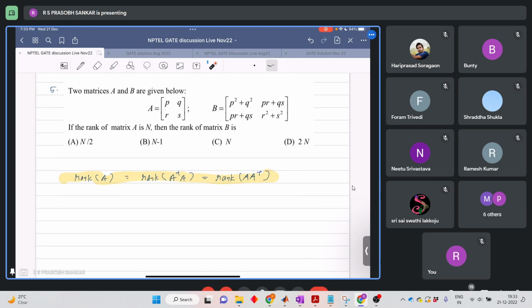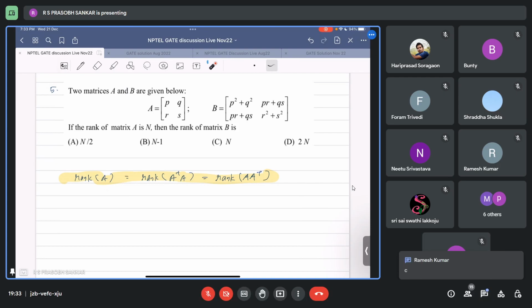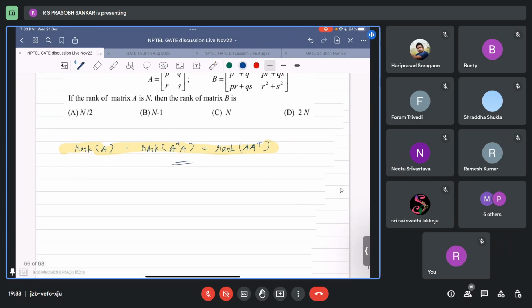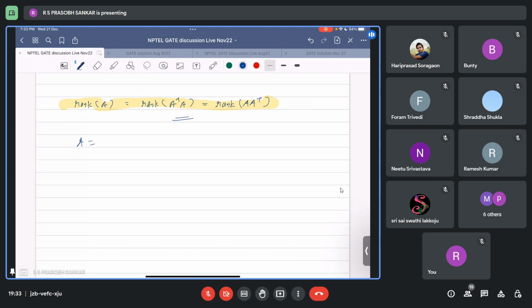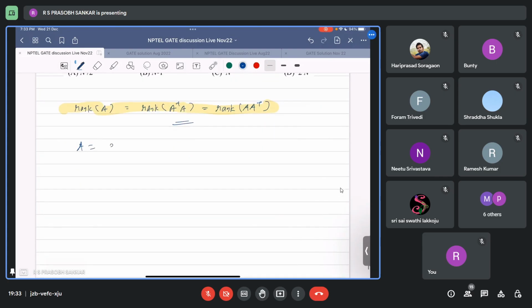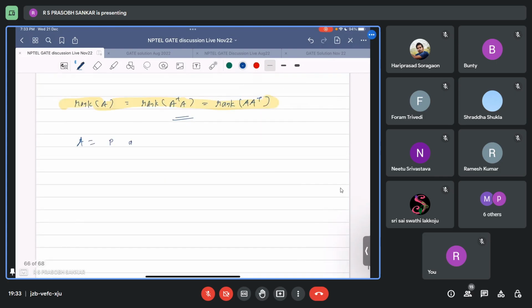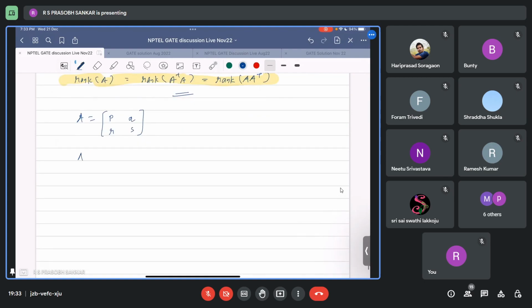So how do we solve this question? Any suggestions? Okay, option C is the correct answer. So how do we solve it? Let's see. A is given like PQRS. What is A transpose A?